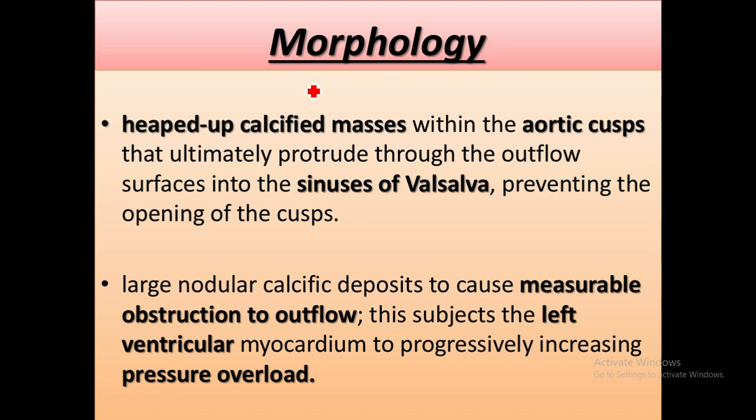Morphologically, there are heaped up calcified masses within the aortic cusp that ultimately protrude through the outflow surface into the sinuses of Valsalva, preventing the opening of the cusp, resulting in stenosis.